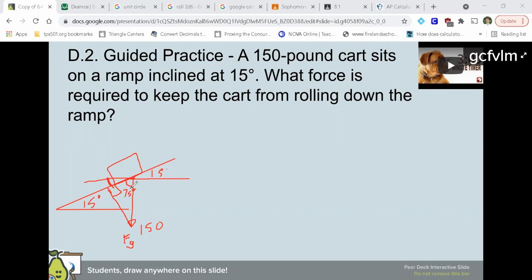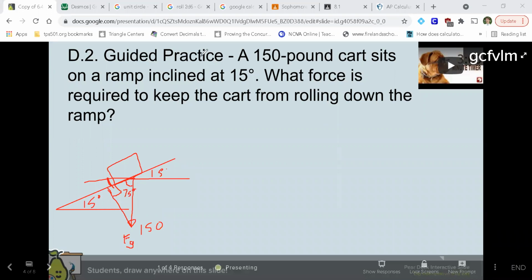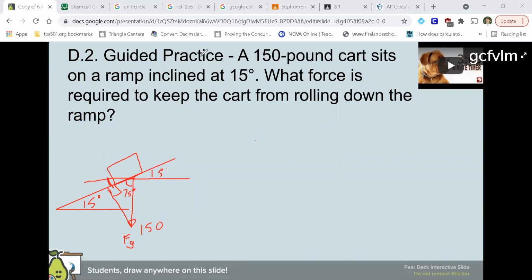All right. So then how do I find the horizontal component? What do you think, Caitlin? Good question. So I want the adjacent side, given that the hypotenuse of this right triangle is 150.